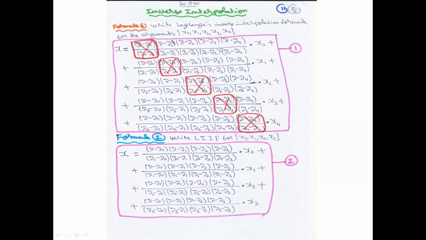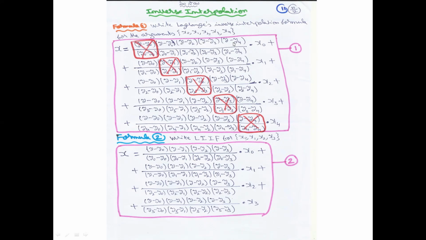It is almost same as Lagrange's formula. So here, observe formula number 1. If the given set of arguments are x0, x1, x2, x3, x4, and respective entries are y0, y1, y2, y3, y4, if it is the case, this is the way of writing the formula. Now recall that Lagrange's method formula. In case of Lagrange's method, what I have written in the numerator factors are x minus x0, x minus x1, x minus x2, x minus x3, x minus x4.